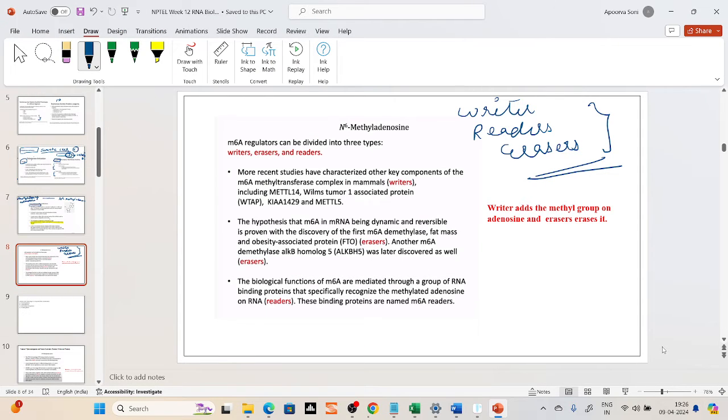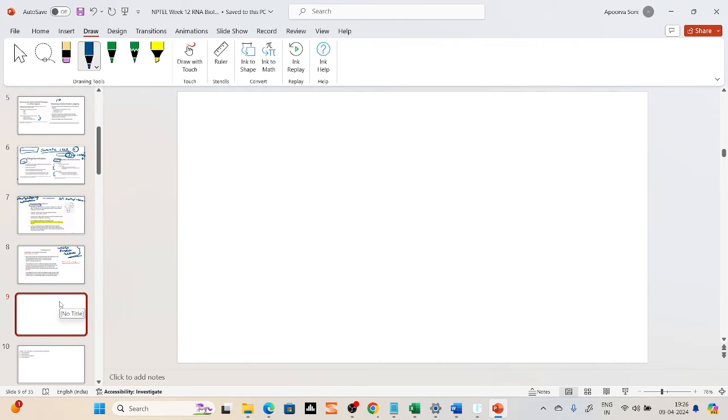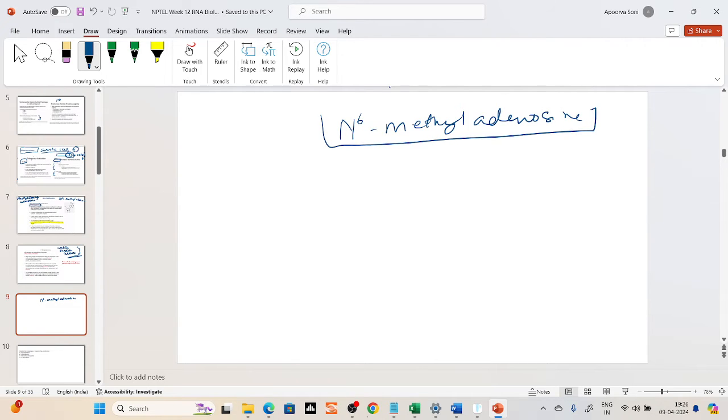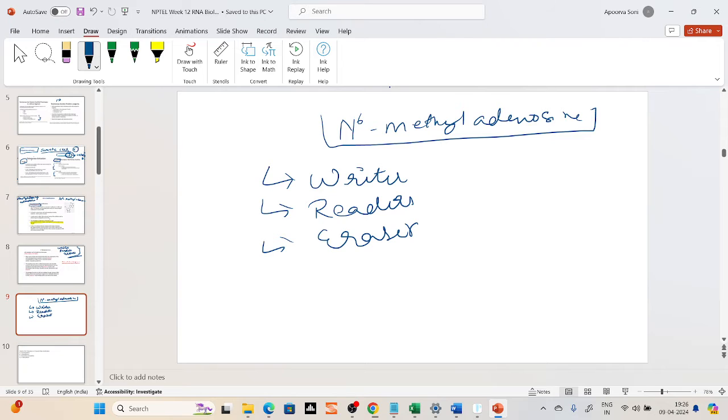Fine. I'm saying this modification is regulated by writer, readers, eraser.